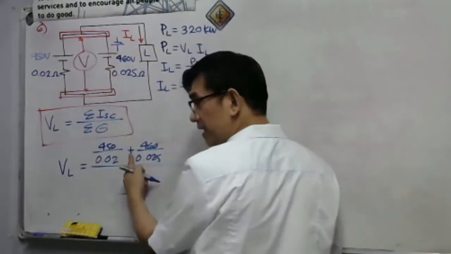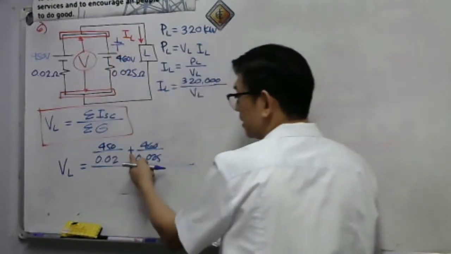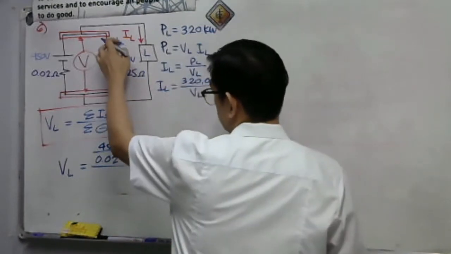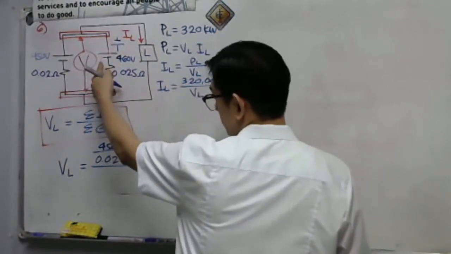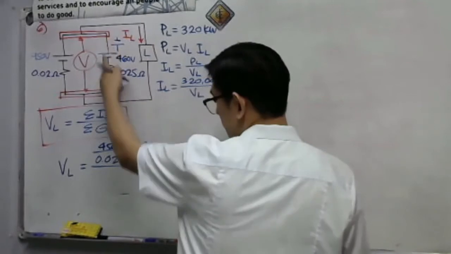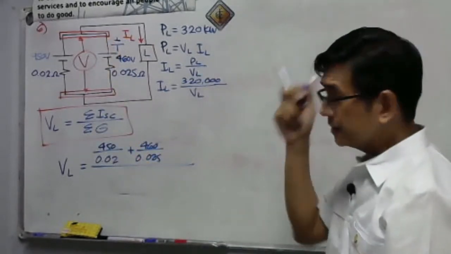So, you have to make this negative. If we make this negative and positive, you should replace this by negative. Okay? Did you get that?